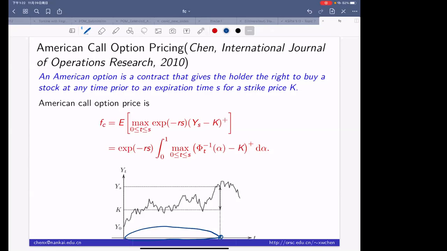So the payoff is the maximum of the discounted expected value of the payoff. We take the maximum of this part. The maximum is also increasing with the underlying stock price, so we can use the Xiaowei formula again, and we put the alpha path into the pricing formula.